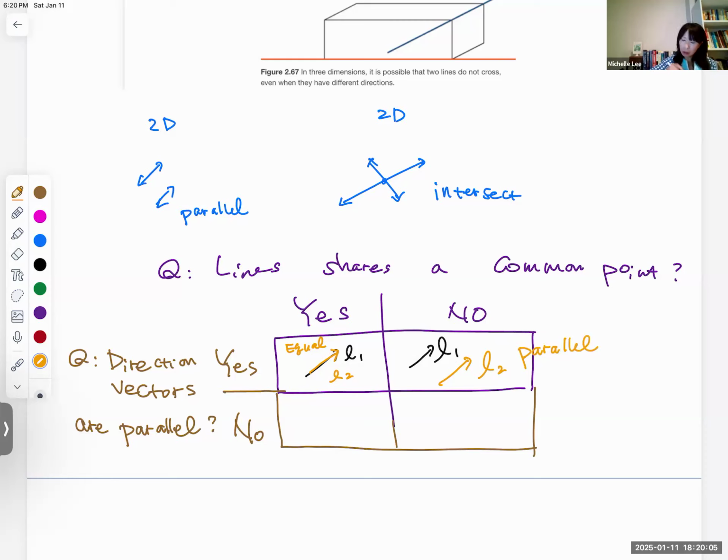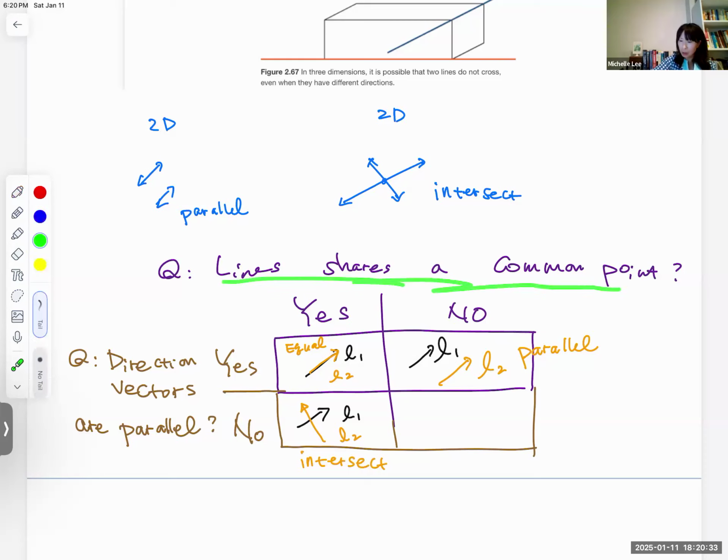How about the third one? The lines share a common point? Yes. Direction vectors are parallel? No. In that case, we have line 1 and then line 2, right? So we call this intersecting. How about the last one?